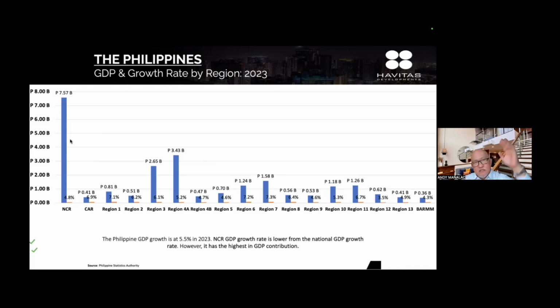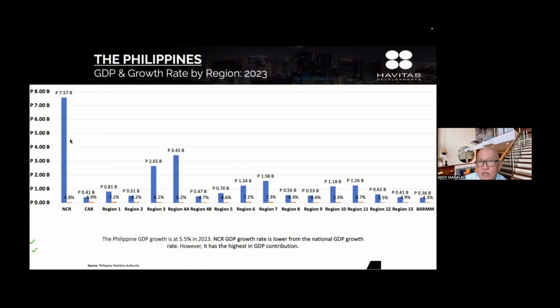Is it too old? Is it too young? Or is it the buying population? Is it the employed population? Is it the productive population? This is what they're looking for. So, okay, there's population. But are there jobs? Are there opportunities? Are there progressive industries? Is there commerce in that area? They will check the growth rate of the GDP also.